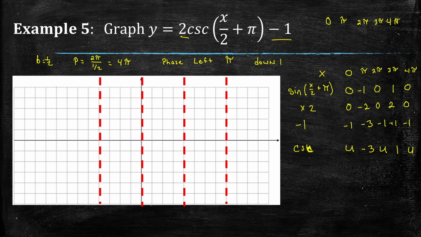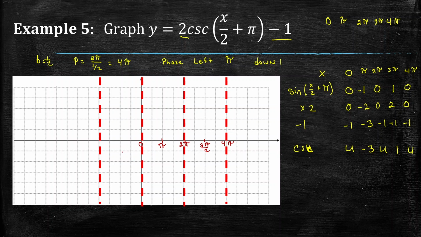So this point again is 0. And my next asymptote occurs at 2 pi and then 4 pi. So halfway between here is pi, and this is 3 pi over 2. And so at 0, I'm at -1.